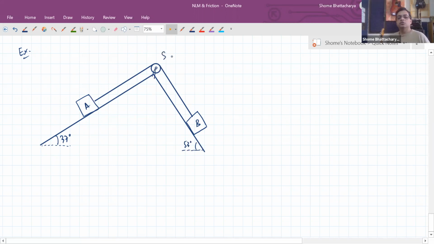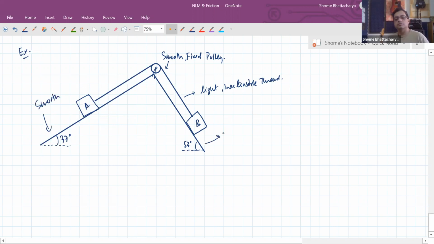Okay, so this is a smooth fixed pulley. And this is a light and inextensible thread. And these are both smooth surfaces. And this is also obviously in a vertical plane.